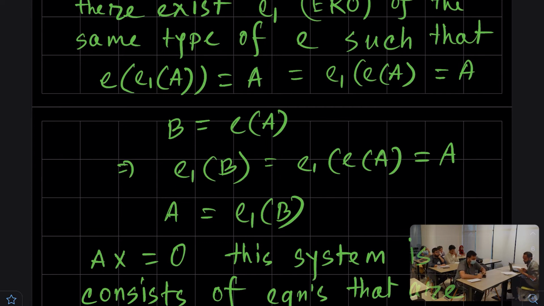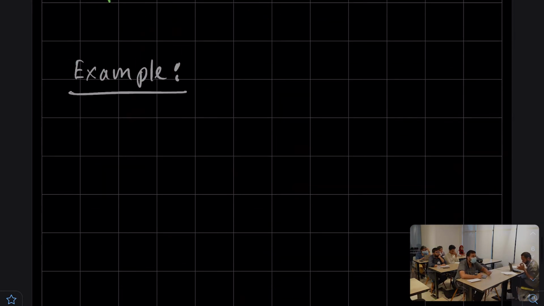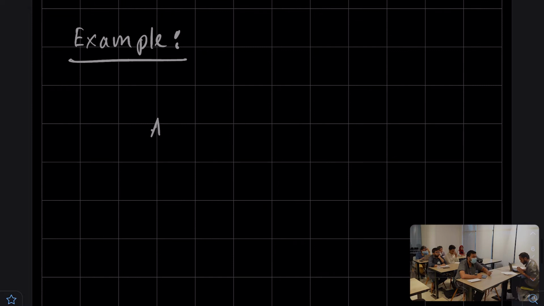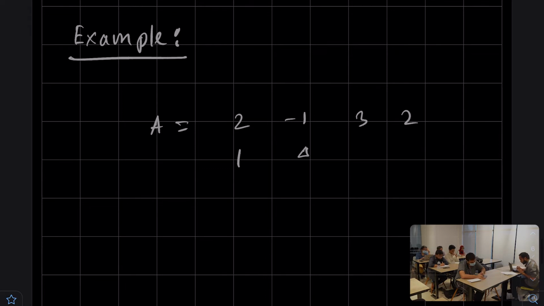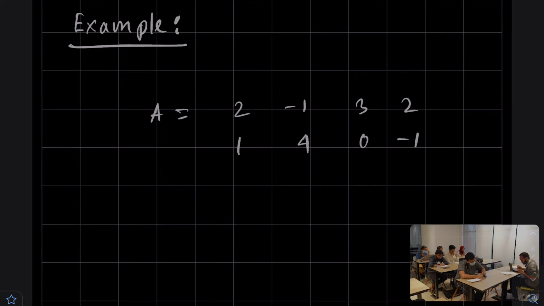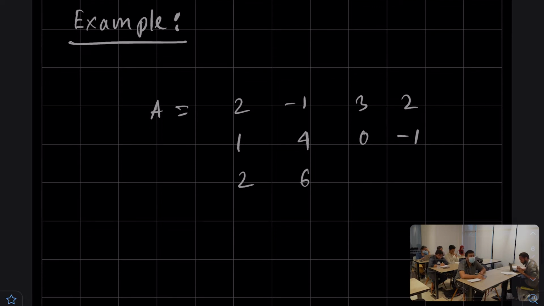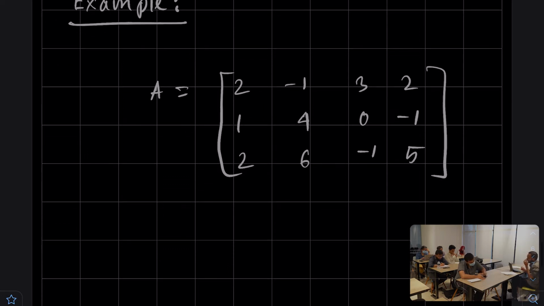Okay, so let us consider an example. A equals 2, minus 1, 3, 2; 1, 4, 0, minus 1; and 2, 6, minus 1, and 5. So I'm considering A to be a matrix of this type.